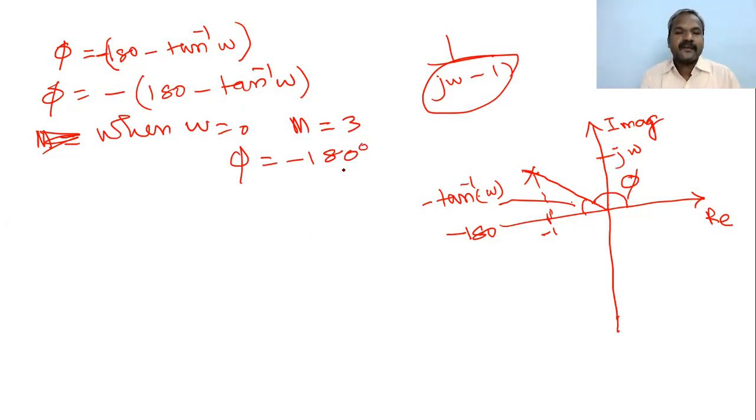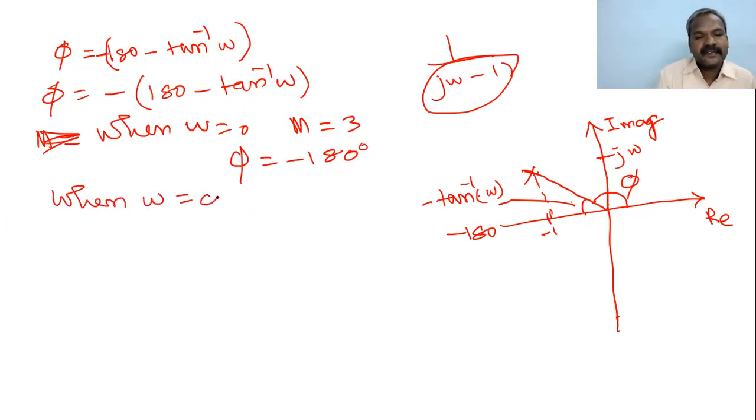When omega is infinity, tan inverse of infinity is 90, so 180 minus 90, minus 90, right? So when omega is infinity, what is the magnitude? The magnitude is 0. What is the phase angle? The phase angle is minus 90 degrees.